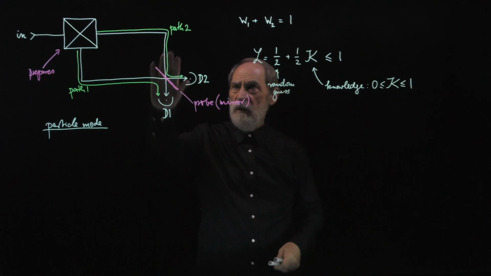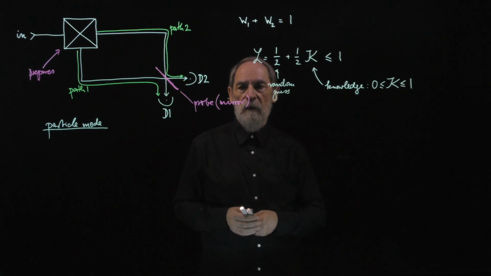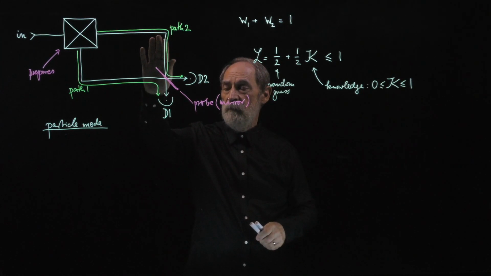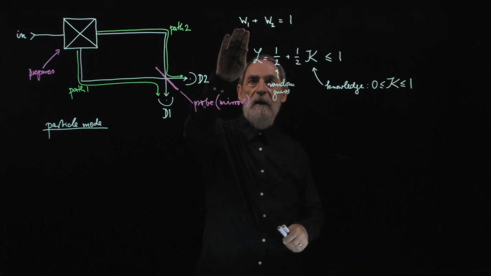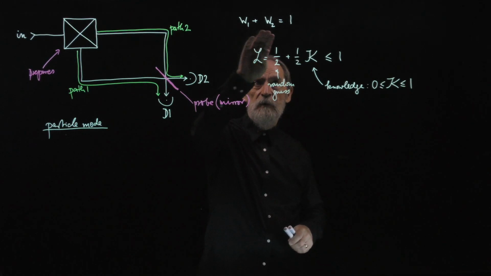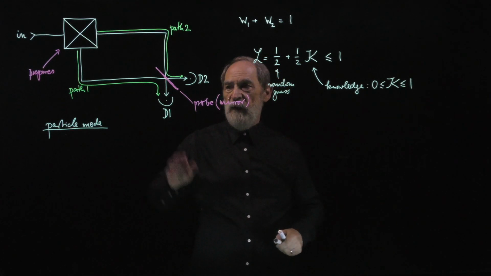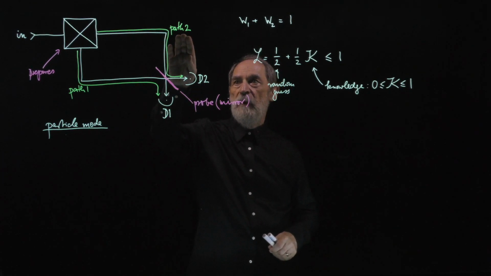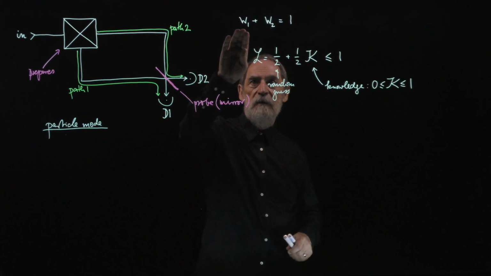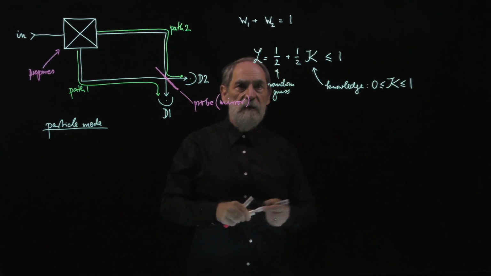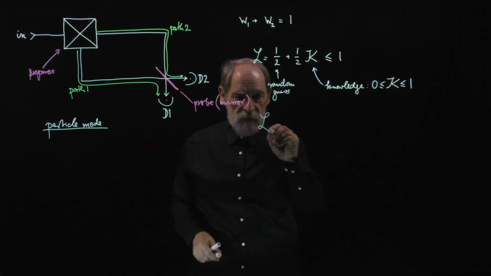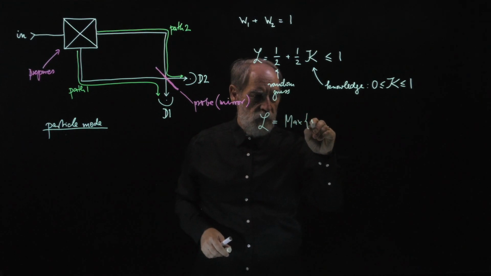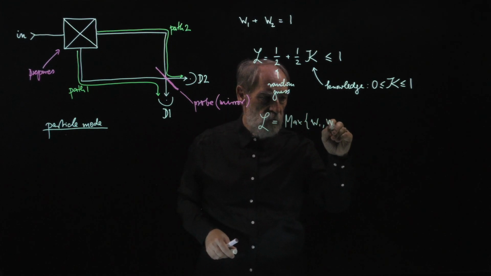So what is the best strategy that we can use for guessing? Well, the best strategy is that we always bet on the path which has the larger probability, W1 or W2. So we will bet on path 1 if W1 is larger than W2, and we will bet on path 2 if W2 is larger than W1, which means that our likelihood for guessing right is the larger of the two numbers W1 and W2.